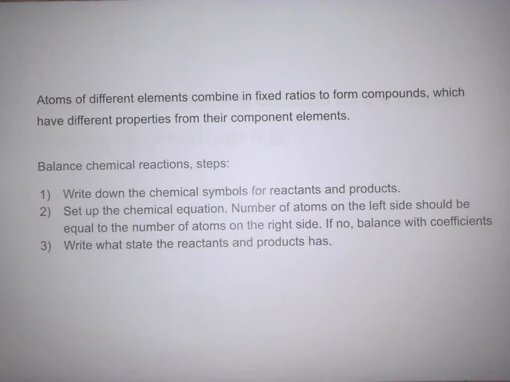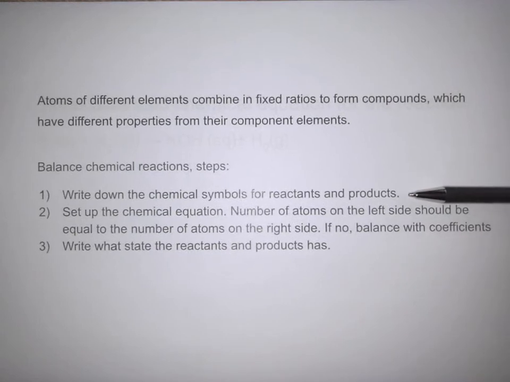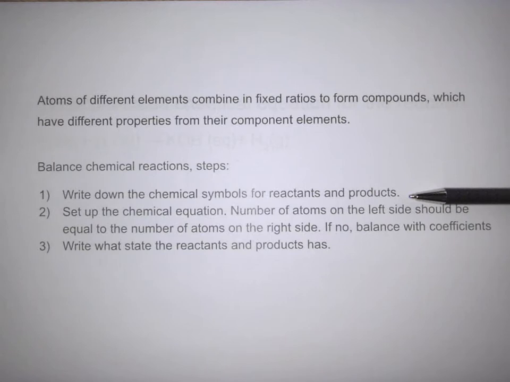The next thing I'm going to talk about is how we balance chemical reactions. My tip for you is to do this in 3 steps. So here is the method. The first thing is that sometimes it's not written with chemical symbols, it's written with the names, like in letters, and you need to rewrite it with the chemical symbols. So the first step is to find the chemical symbols for the reactants and products.